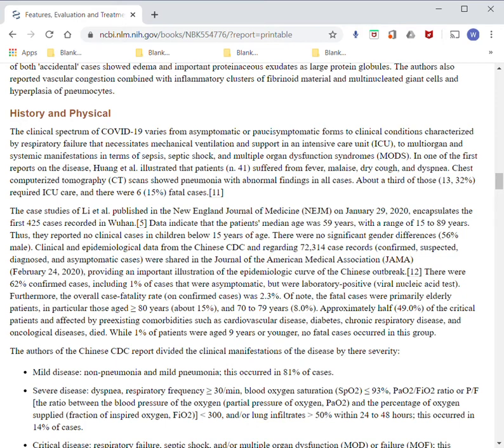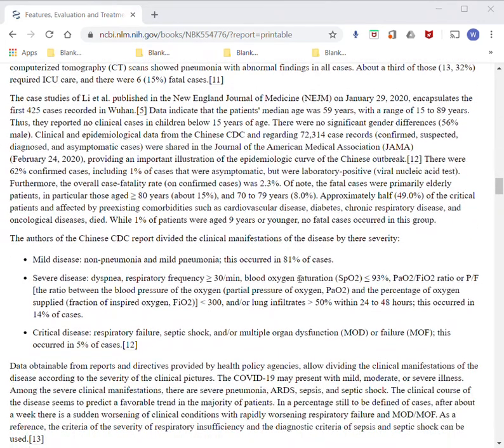If we're looking here for your questions, the questions state, the author of the Chinese CDC gave examples of clinical manifestations. I want you to take one manifestation, one from mild, one from severe, and one from critical.